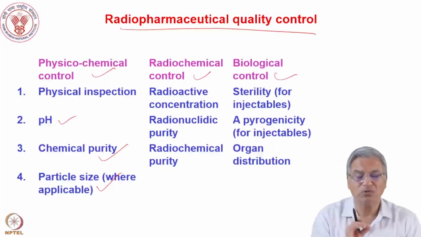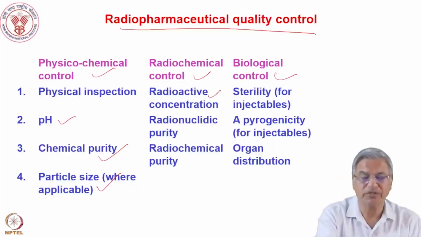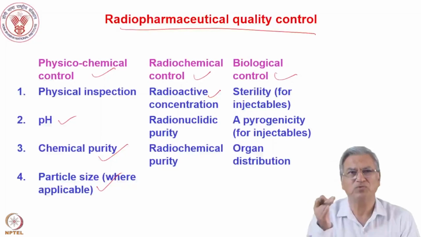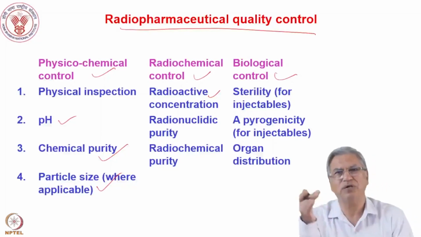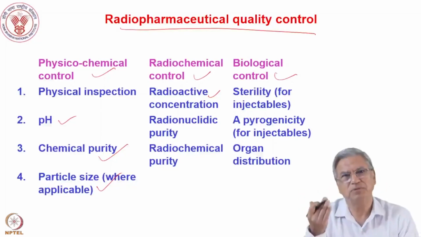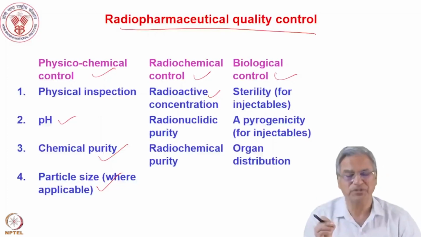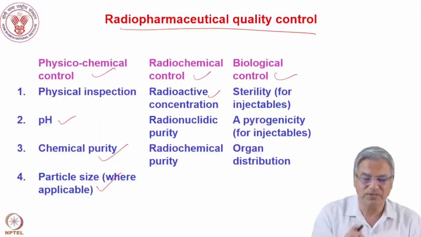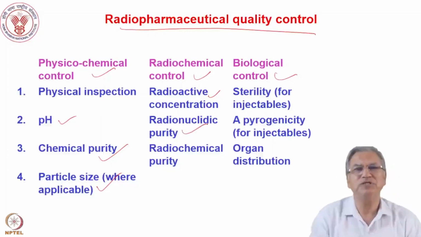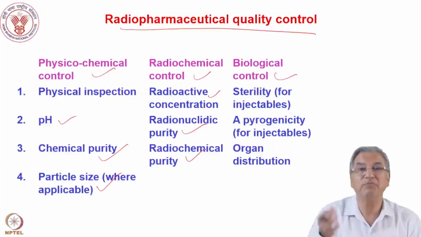The radiochemical control with regards to radioactive concentration, what is the concentration of radioisotope, is it millicurie or microcurie or curie. So, depending upon the requirement specified by the doctor or nuclear medicine personnel, you should specify that concentration. Radionuclidic purity, there should be no unwanted radioisotopes, and the radiochemical purity, the chemical form of that molecule should be whatever is the desired one.